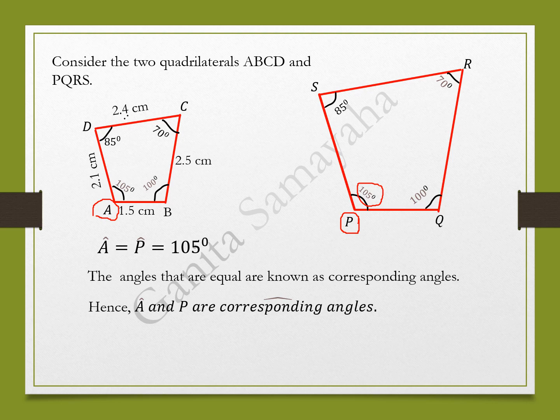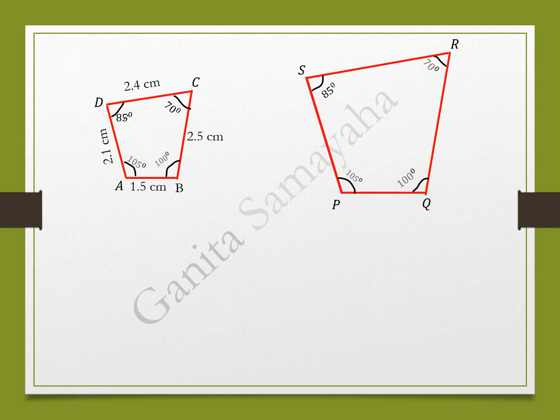We needn't write the words corresponding angles. We have a symbol. We write an equal to sign with an arrowhead at both the ends. This is the symbol for corresponding. So this is written as A corresponding to P. Since angle A is equal to angle P, we have angle A corresponding to angle P.